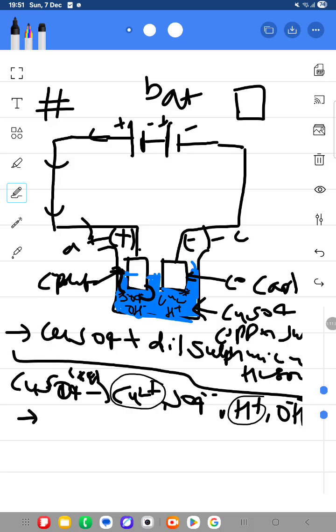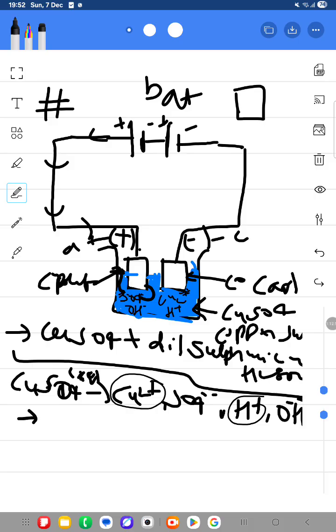Then what will attach? At the negative terminal there are Cu2+ and H+. I will explain the reason why these both migrate but do not get attracted and dissolved.